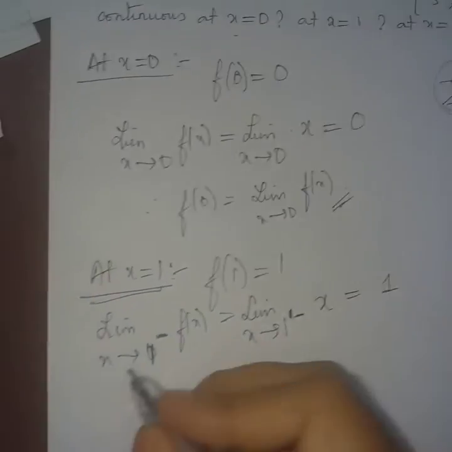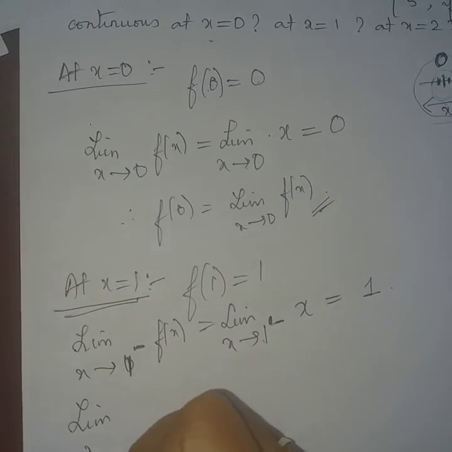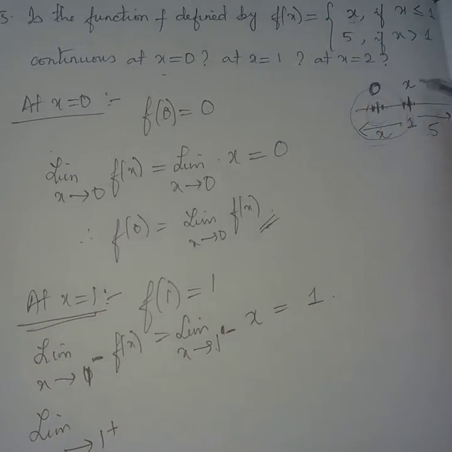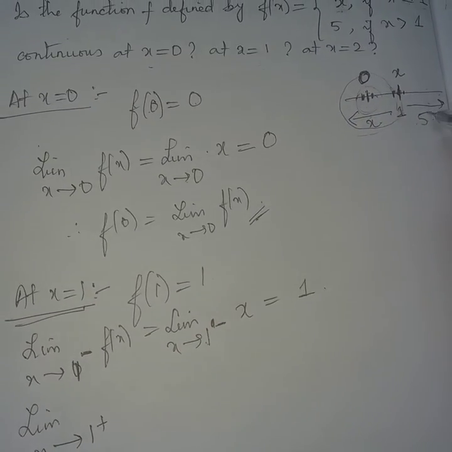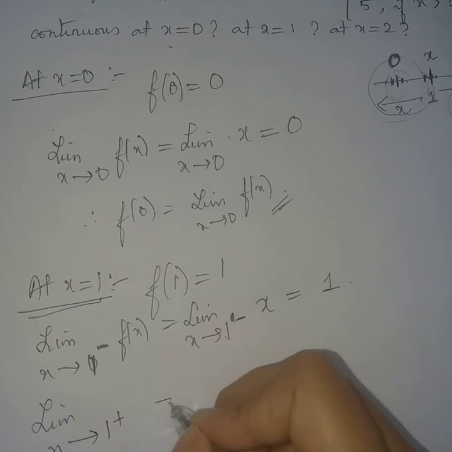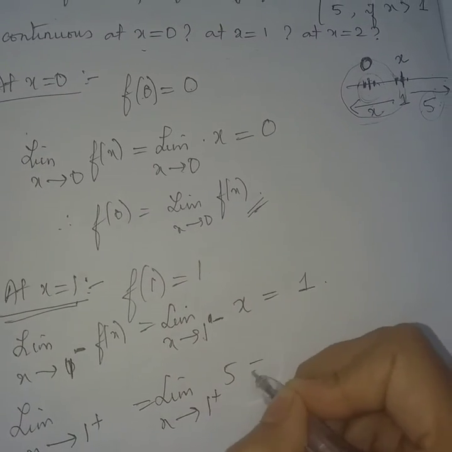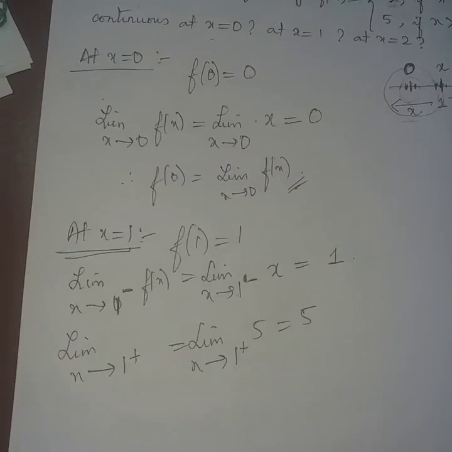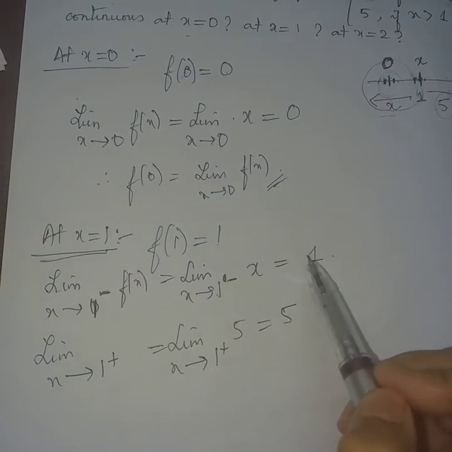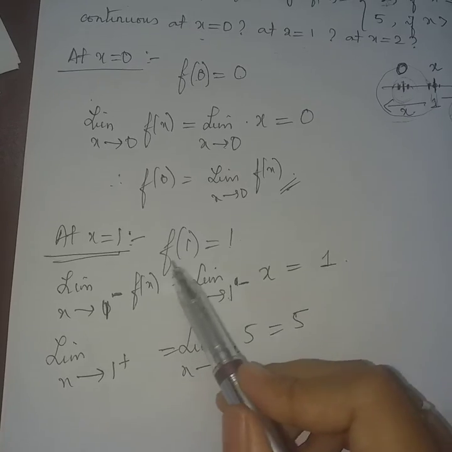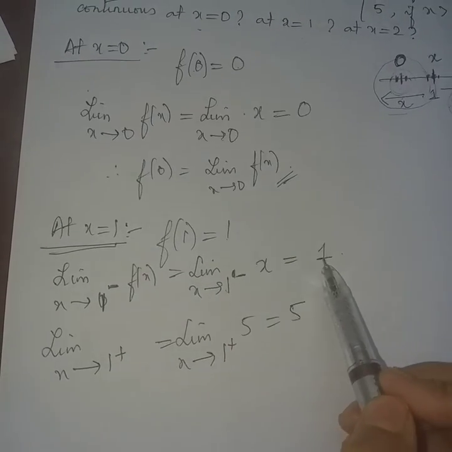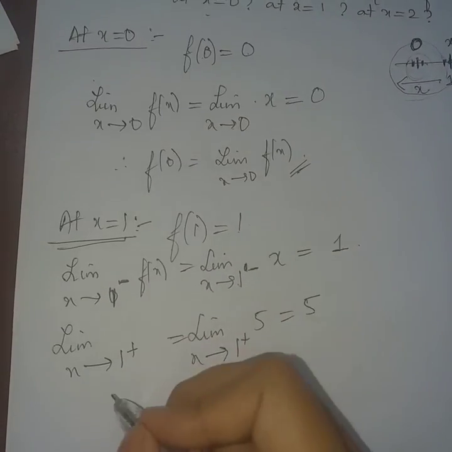And for a point slightly greater than 1, the function will be 5. Now we see that the three values are not matching. f of 1 is 1, the left limit is 1, but the right limit is 5.